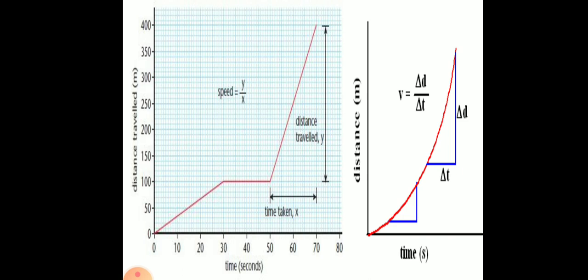Therefore, delta t changes to dt, and if the time interval is small, the displacement of the particle is also very small, so delta x changes to dx. Therefore, instantaneous velocity is represented as v is equal to dx by dt. Keep in mind, instantaneous velocity is velocity at a particular time.